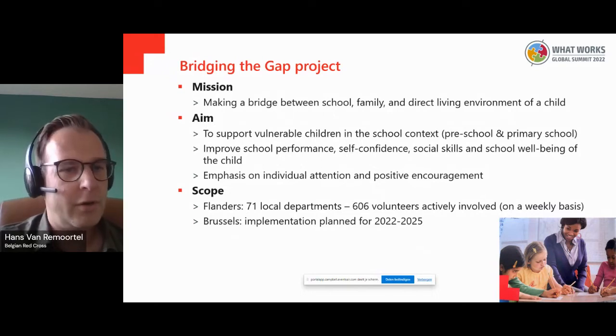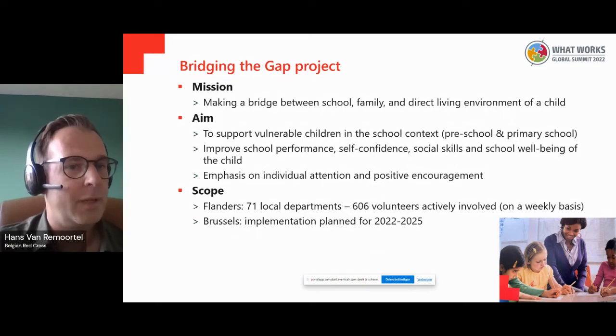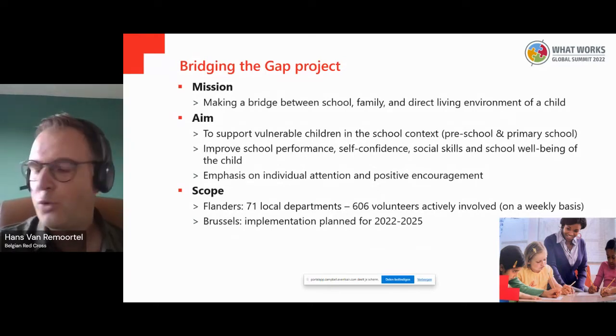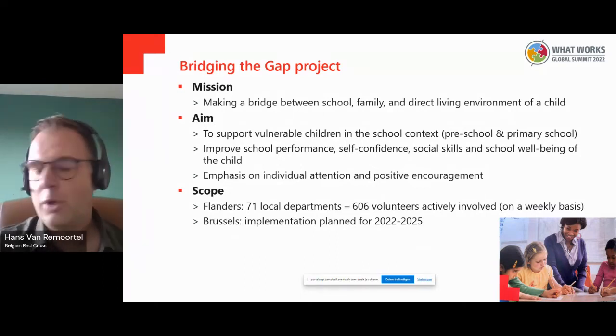This project is currently ongoing in more than 70 local departments in Flanders, which is a very specific small part of Belgium, where more than 600 volunteers are actively involved on a weekly basis to provide this support. We now try to implement the same project in our capital, in Brussels, planned for 2022 until 2025.